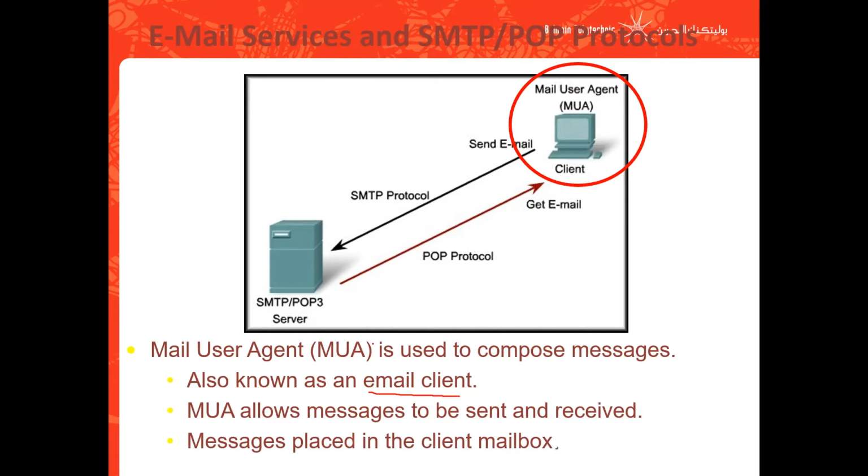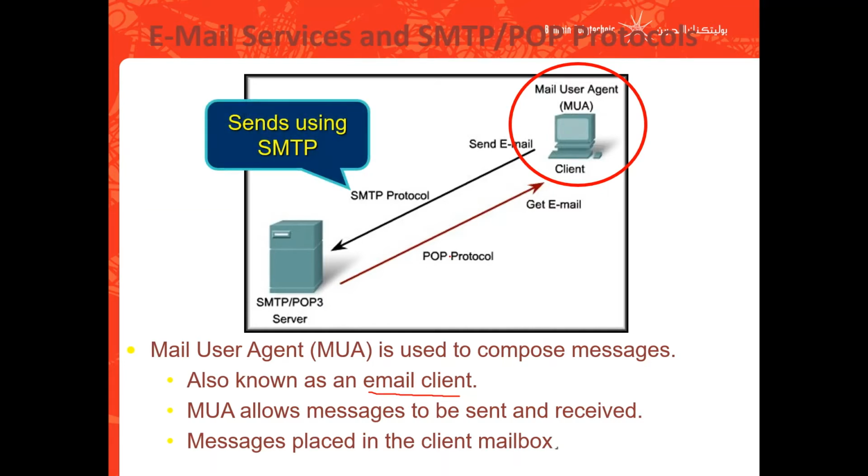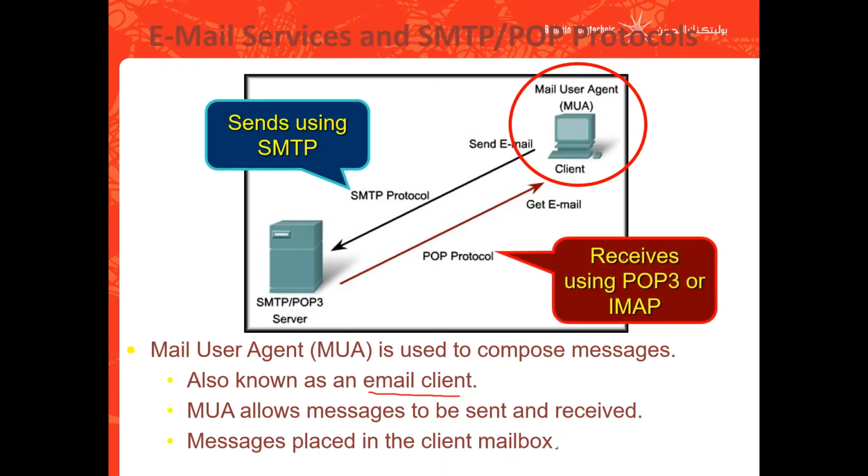So basically, this is the device that allows you to create the emails and send them. And once you receive the emails on a mail user agent, they're placed in the mailbox. Just like I mentioned, you send an email using SMTP and you receive email using POP3 or IMAP.